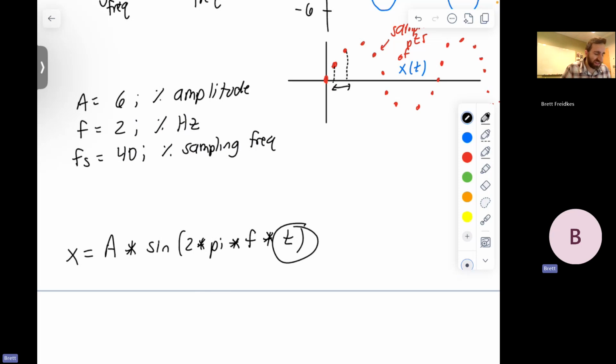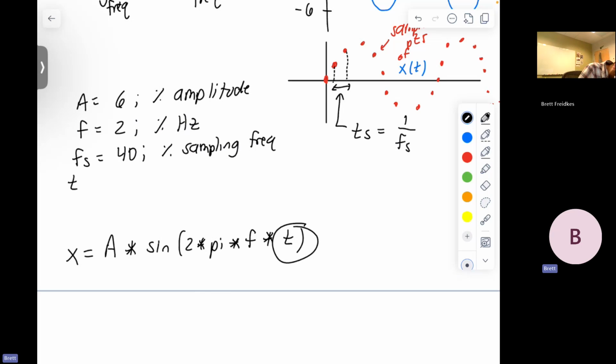The distance in between these points ends up being, I'll call this, let's say, the sampling period. This is 1 over the sampling frequency. If we think about units, Fs is samples per second. How many samples are we collecting per second? If we take the reciprocal, we get seconds per sample.